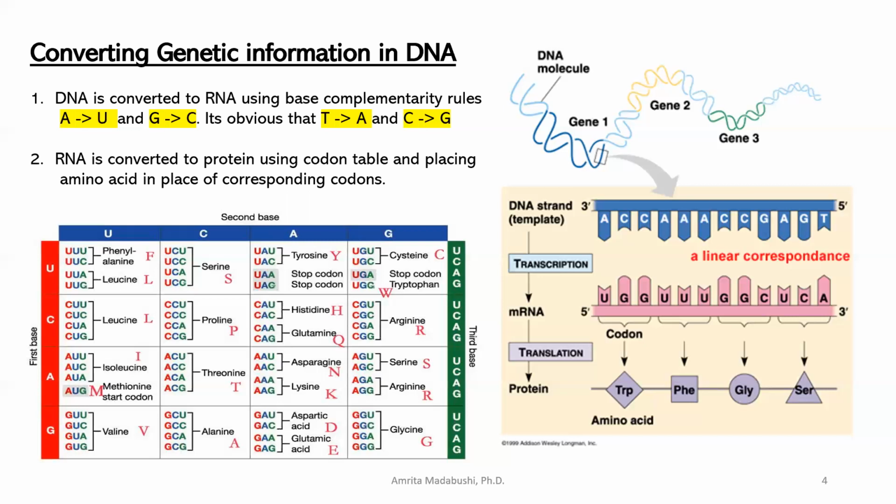I want to pause here before we go to translation and ask if there are any questions related to transcription or the conversion of DNA into messenger RNA. After transcription is done, when we go to translation, do we just group every three?